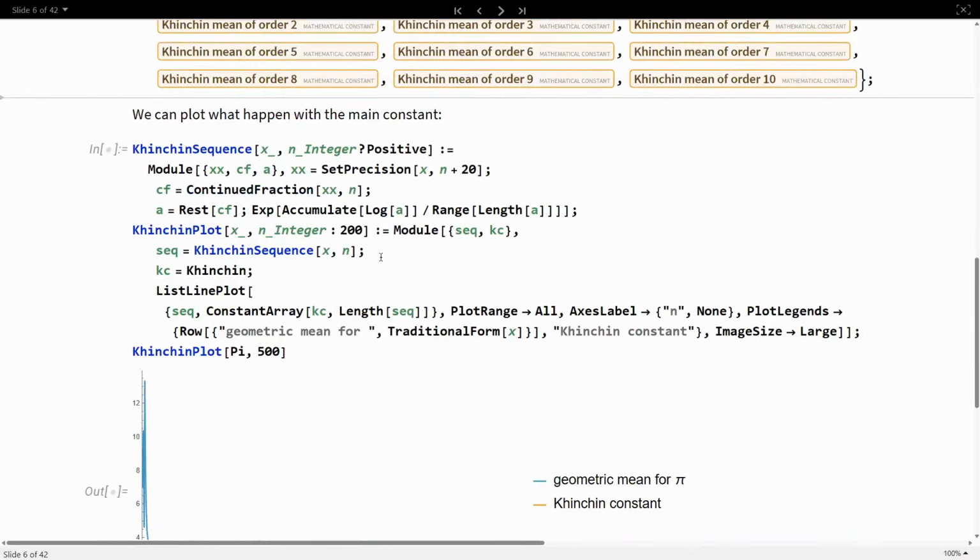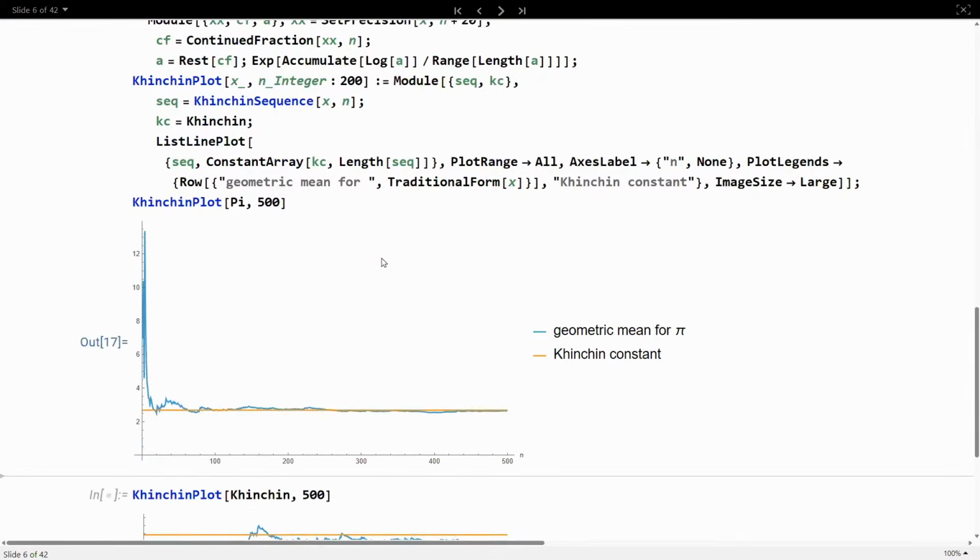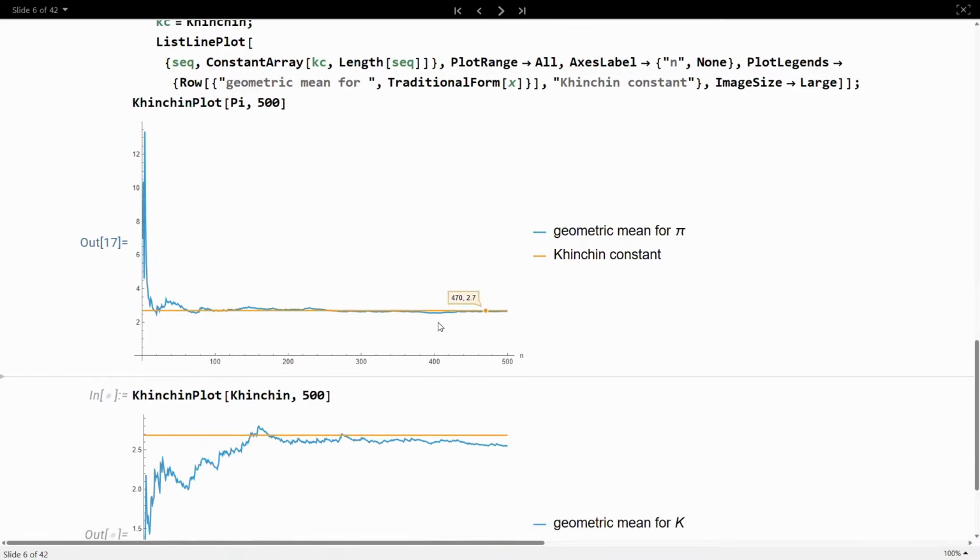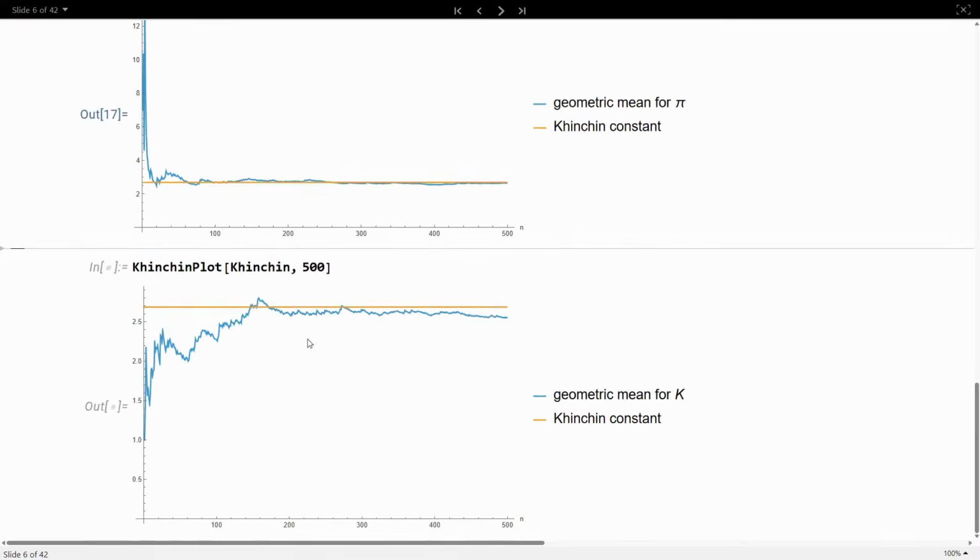So if we plot this, we get that as you use more and more terms, it goes to Khinchin's constant. So the geometric mean for pi, if we use a different value, such as Khinchin's constant itself, is still going towards the value.